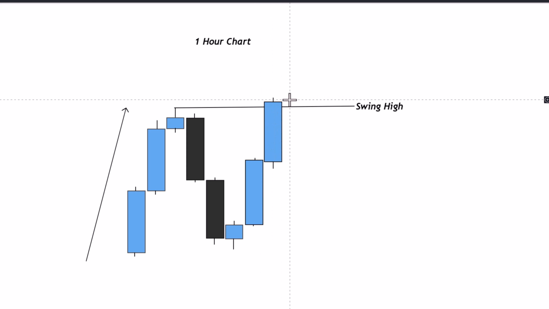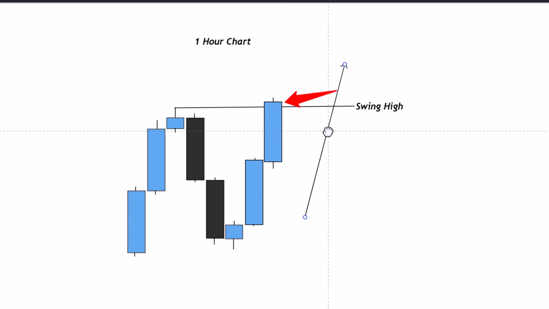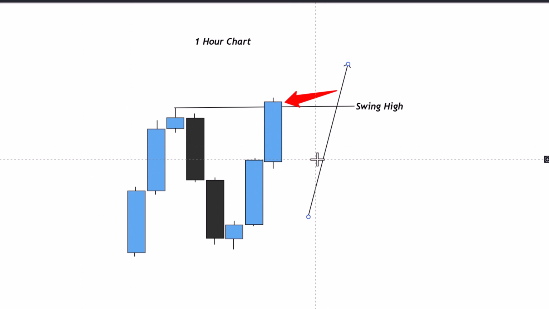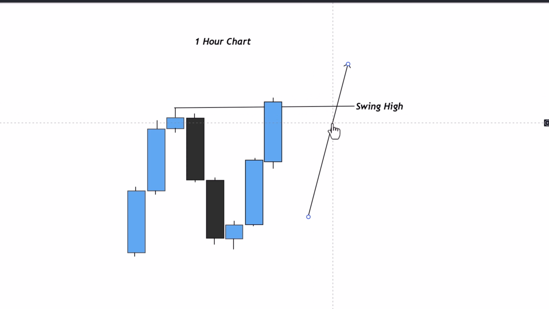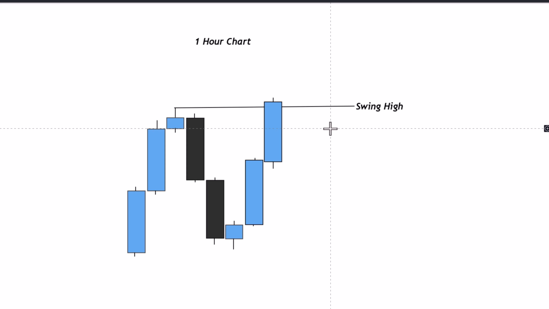If the market was able to close over this swing high, that would open doors to continued uptrending movements, meaning we could continue buying this market because we know it's going up because it's continuing to make new higher highs. But if the market does not close above, and instead the market does this and pulls back down before that hourly candle closes, if it closed down here, then this would actually be a rejection of the high.